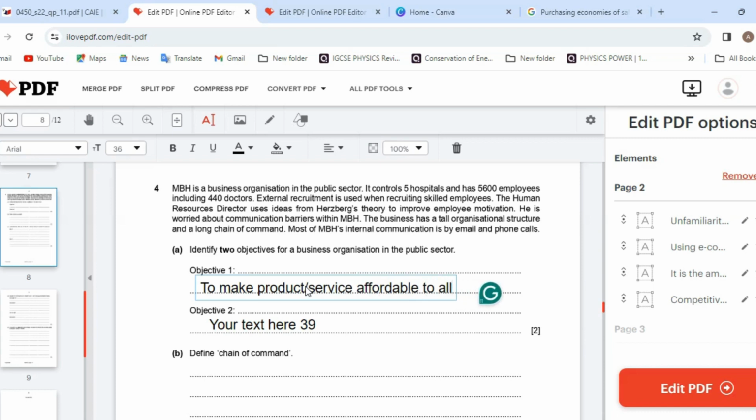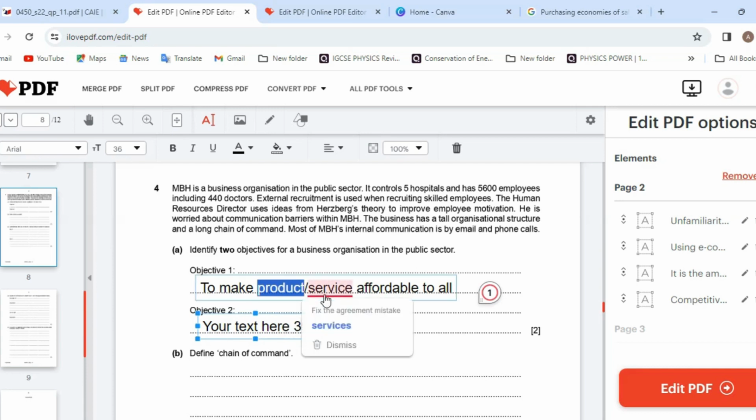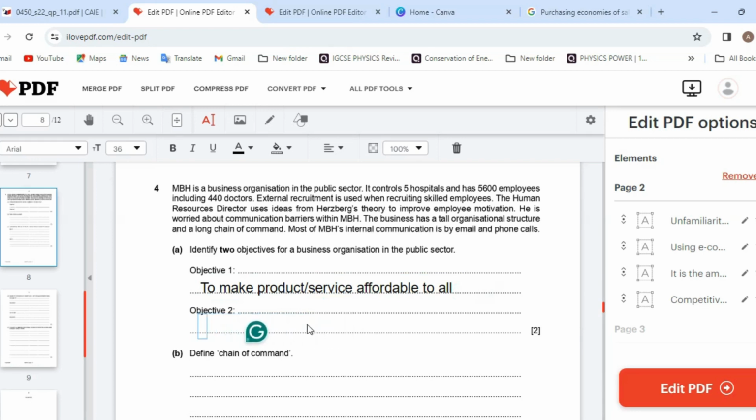And also to provide service to everyone.